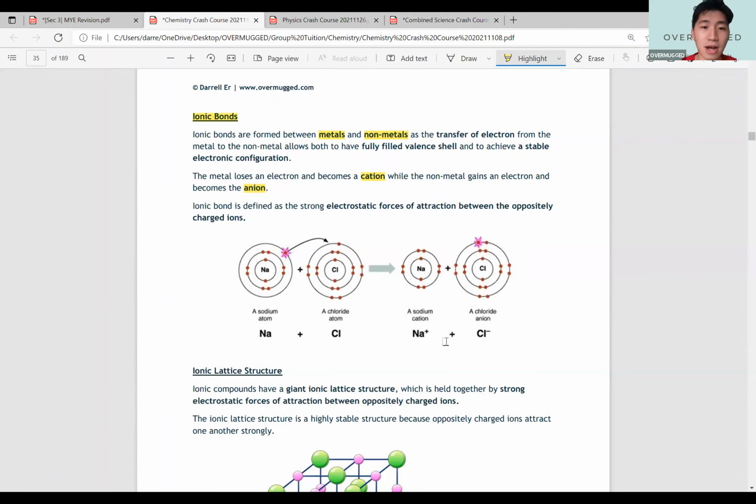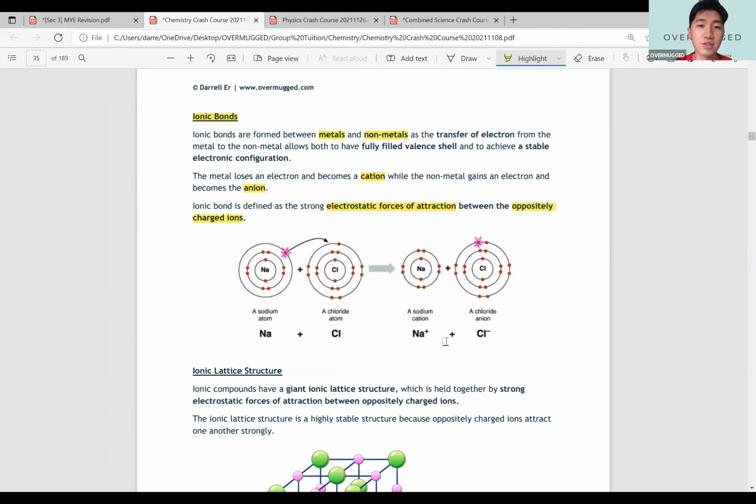What exactly is your ionic bond? It is the electrostatic force of attraction between your oppositely charged ions. I'm sure you've heard of the term opposites attract. So one is plus, one is minus, they attract. That attraction, that force of attraction, is your ionic bond. That's all. So in summary, what is an ionic bond? It forms between a metal and a non-metal. It is between a cation and an anion.